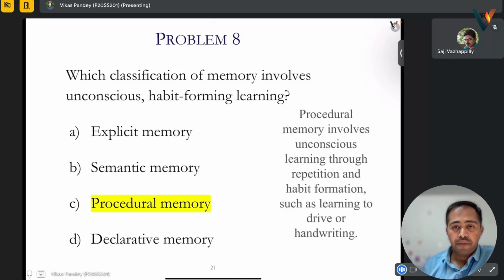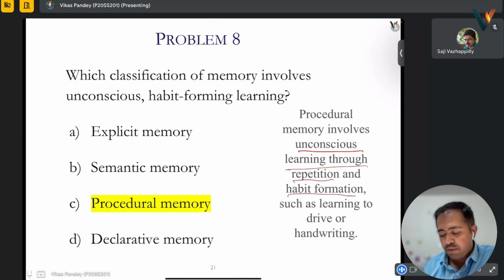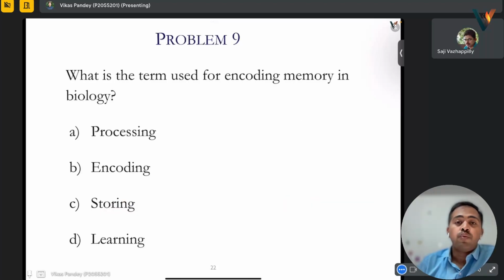So this involves unconscious learning through repetitive and habit forming. So this is implicit memory, and explicit memory will be declarative info, right?